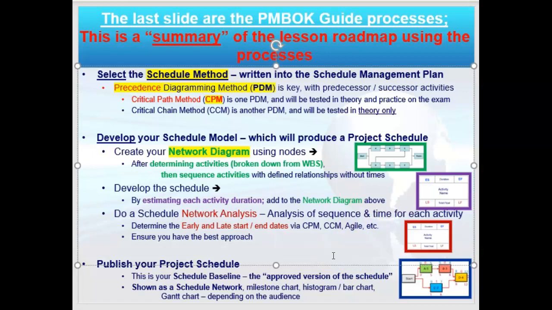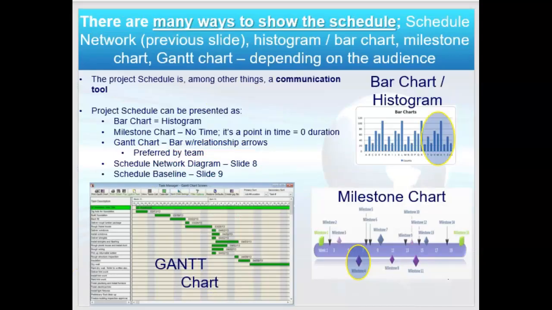Do we have the relationships right? Then I'm ready to publish my schedule, which is my baseline. Now just be aware that the schedule can look like a bar chart, which is a bunch of bars, or a Gantt chart, or even a milestone chart, depending on the audience that I'm talking to. If I'm talking to senior executives, I'm probably going to use a milestone chart. So just be aware of that.